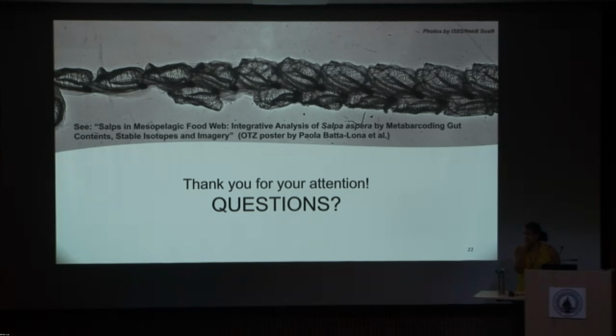One more, and then we'll do our break. Thanks for the talk. I'm interested in the effect of sample size when looking at diets for the salps, the siphonophores appearing in large numbers, wondering whether that was swimming through a patch of larvae maybe or eggs or something and eating that.